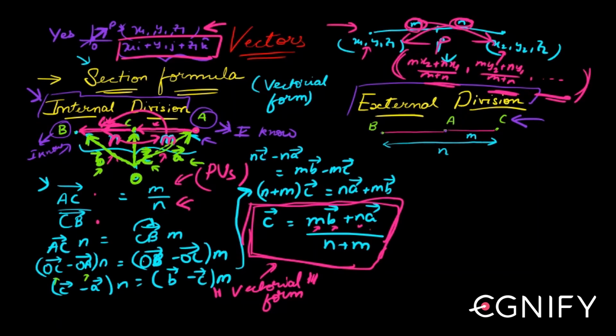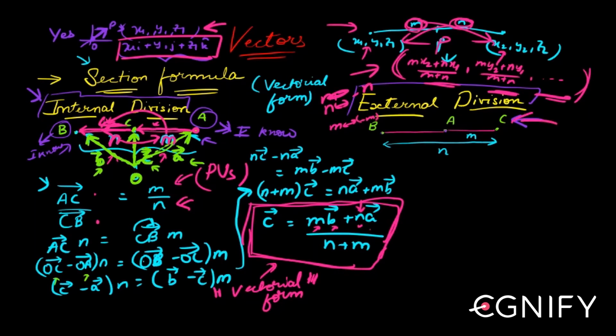What about external division? I won't be deriving it separately, but as I already showed you in coordinate system, you replace n with minus n, or m with minus m. Any one of them, you will just replace with its negative. So I'll choose to replace n with minus n.